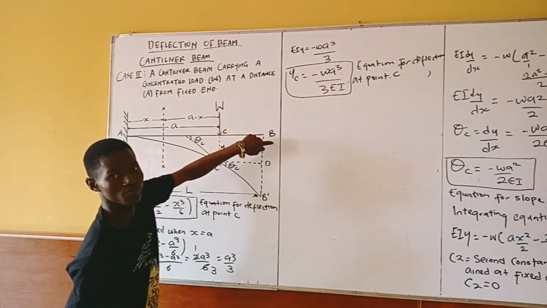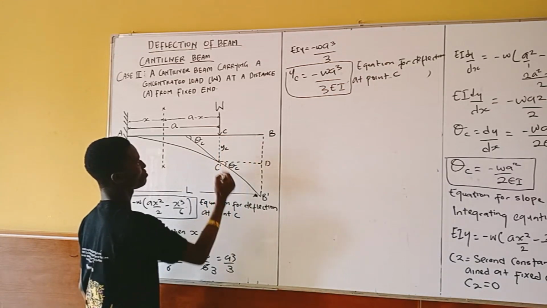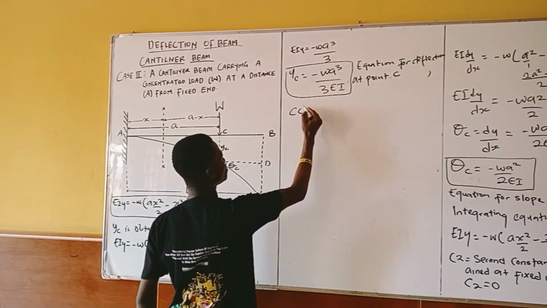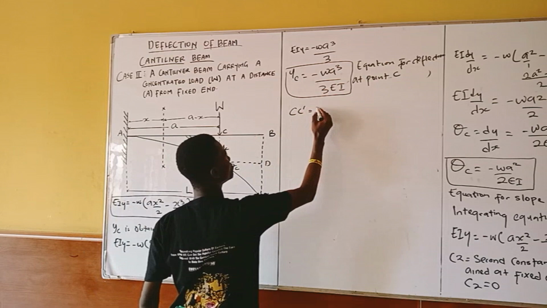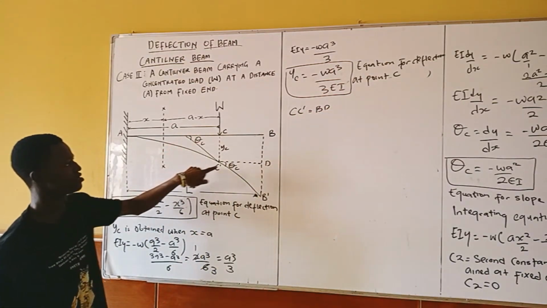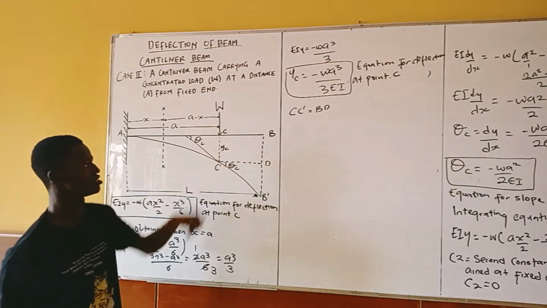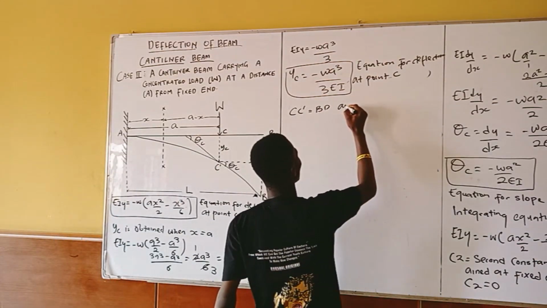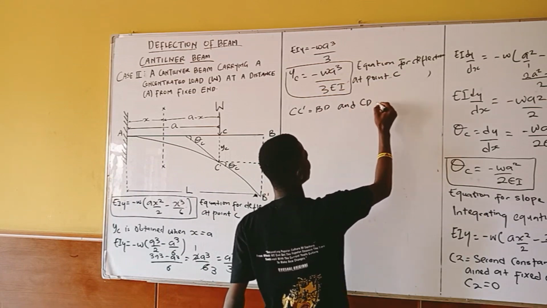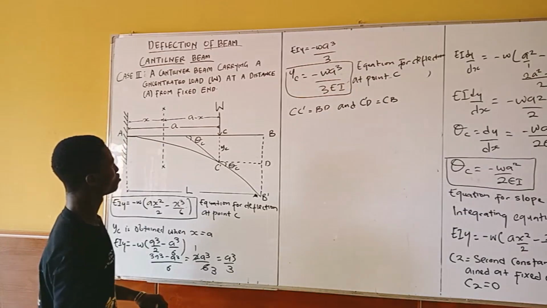But don't forget that YC is the same thing as BD. So C prime equals BD, and CD is the same thing as CB.